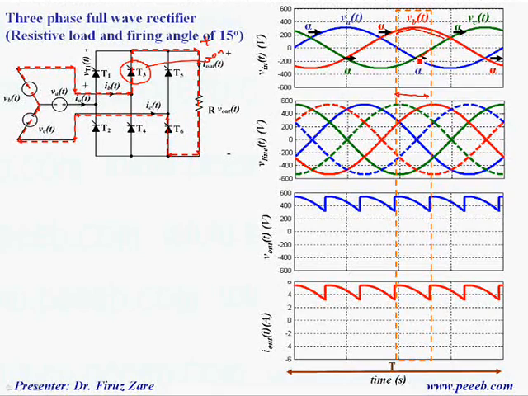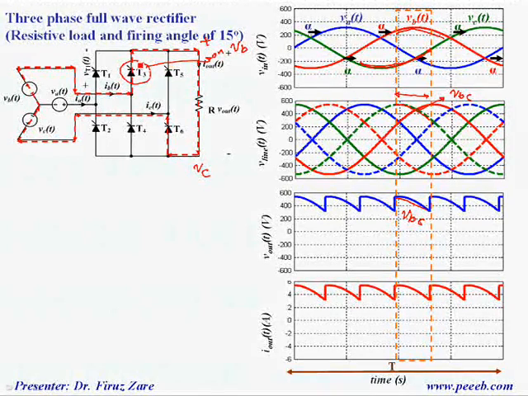That means phase C over this period is connected to the negative terminal. So here we have phase B, here we have phase C. The output voltage in this case is the line voltage VBC, which appears here, VBC.